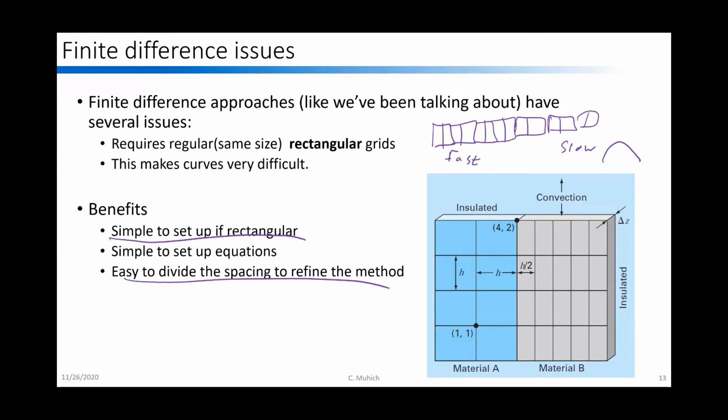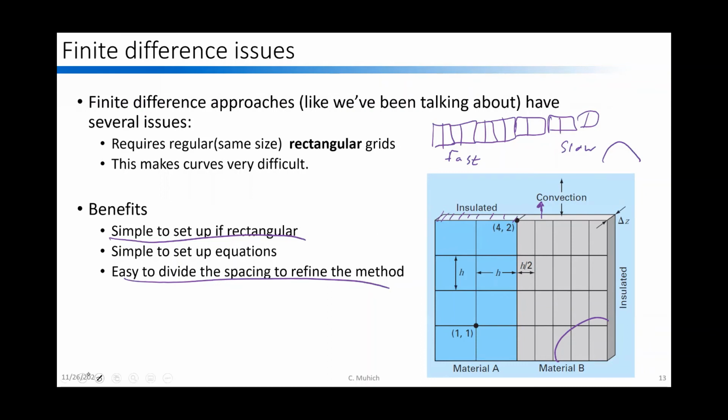Think about it like here on the right, where I have this insulated piece, and then I have this free convection piece over here. For this convection piece, because things are changing faster, I want a finer grid. Or maybe I want some sort of circular piece. Very, very difficult to do with finite differences.